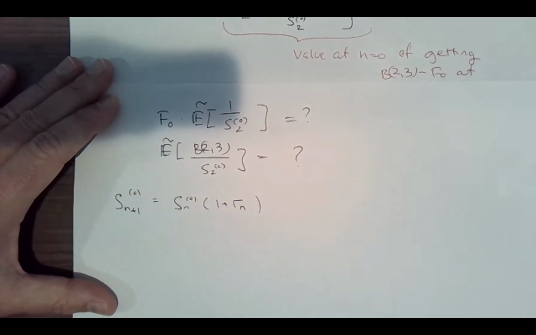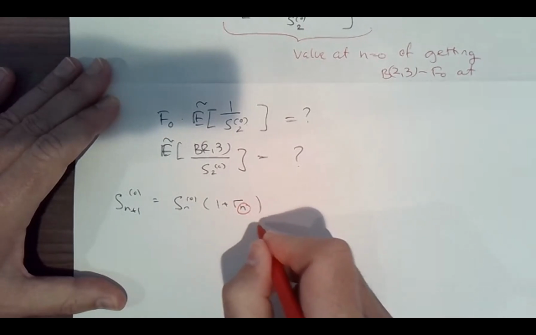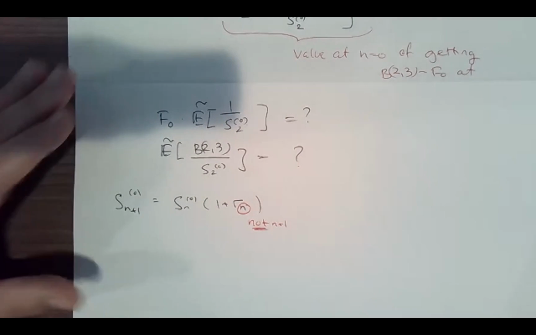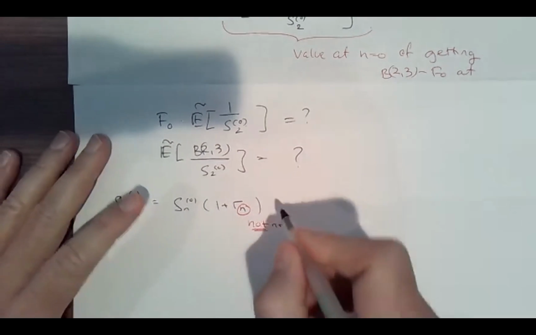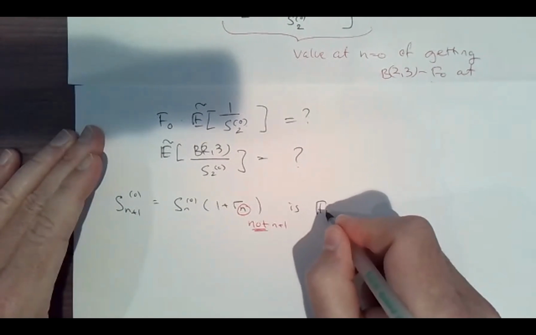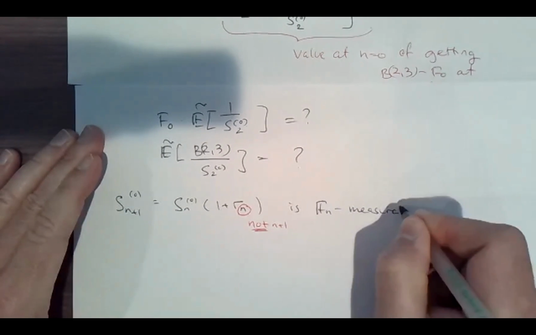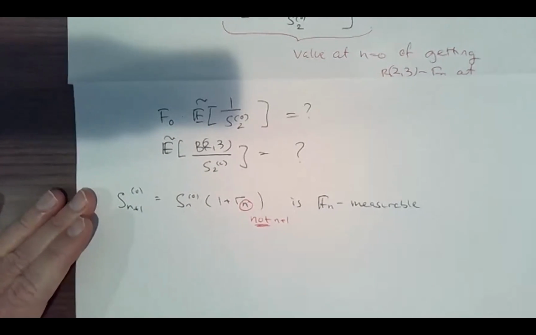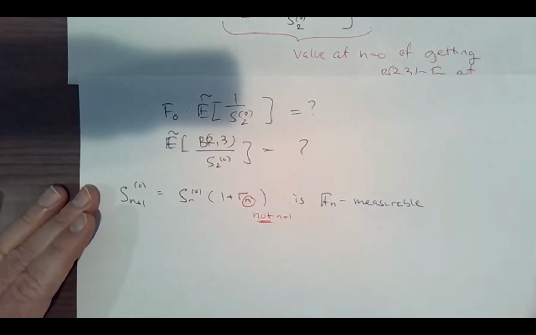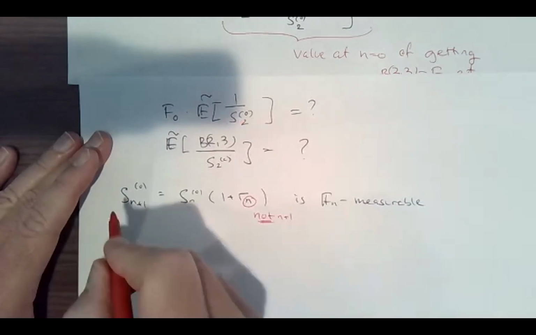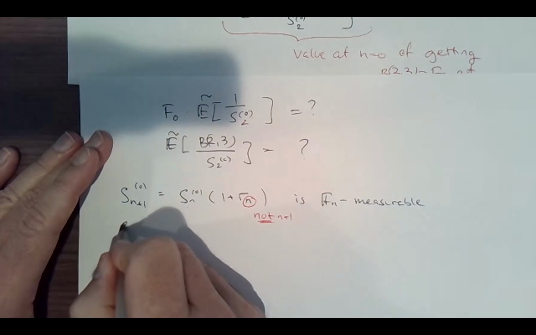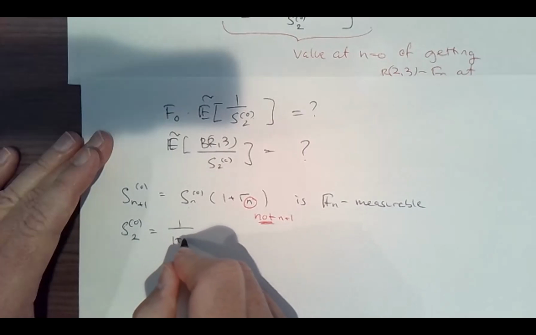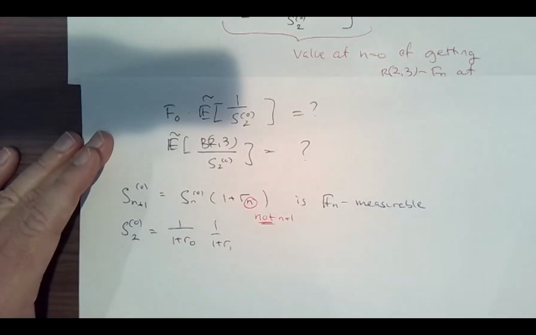Always keep an eye on the index here. This one is not n plus 1. What you get from this formula is that this is actually F_n measurable. In particular, S02 would be 1 divided by 1 plus R0, 1 divided by 1 plus R1.